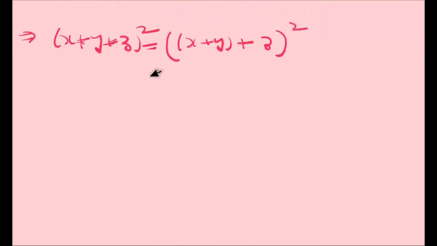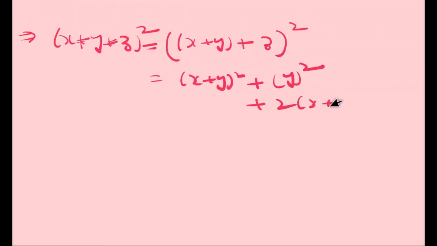let P be the square of x plus y plus z whole square. Now what will be the formula here? Let it be x plus y as one term, plus z. Now this is whole square. Now using the previous identities, a square plus b square plus 2 times x plus y into z.